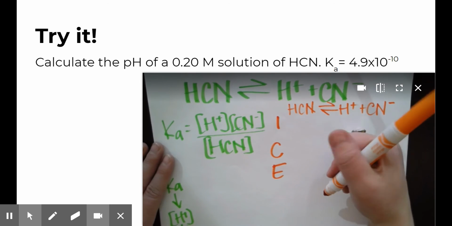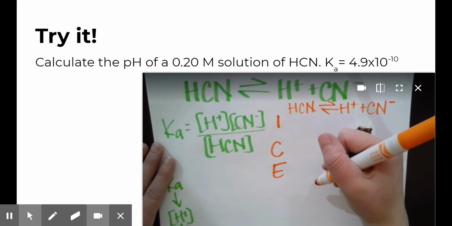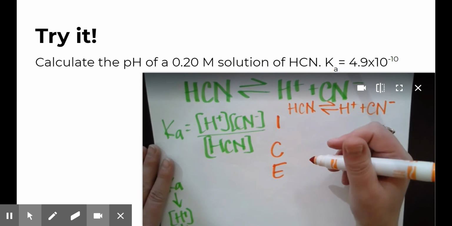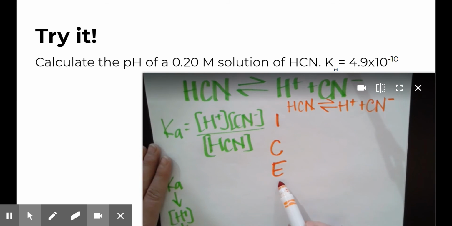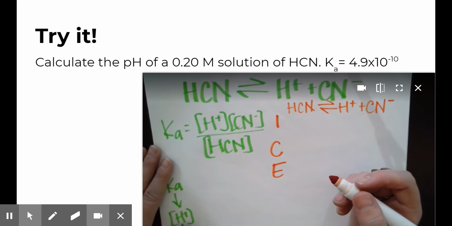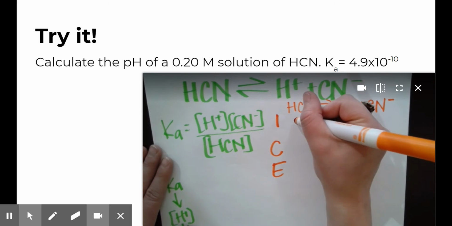What I want you to do is work through the video right now, and tell me what you got for the value of the equilibrium amount of HCN. We'll just start filling this out.